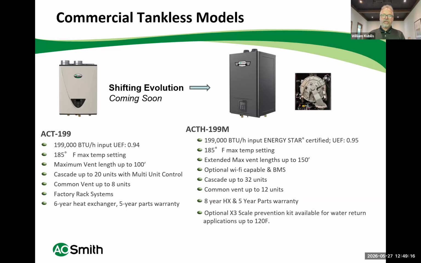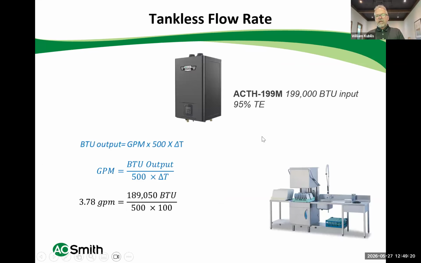So that is new with our tankless. Just as a note on tankless water heaters, the ACTH 199 is 199,000 BTUs. It's 95% efficient. If I put that into my formula, very simple, you can figure out what your flow rate would be.